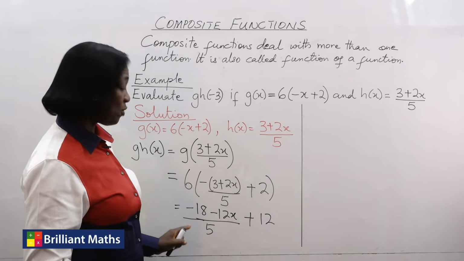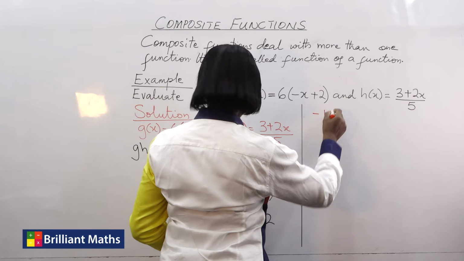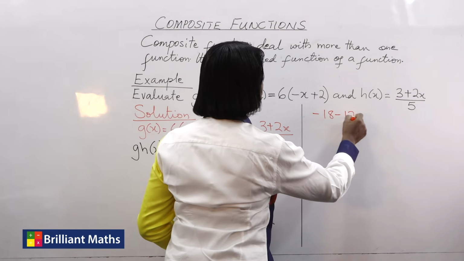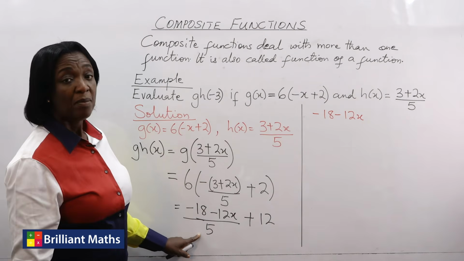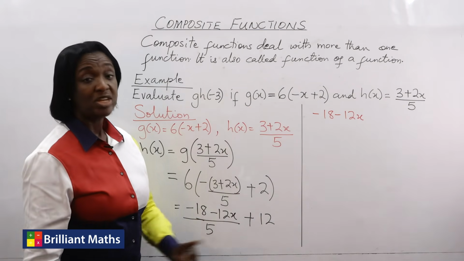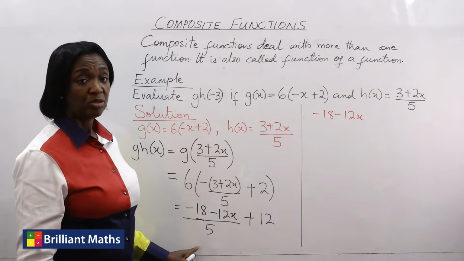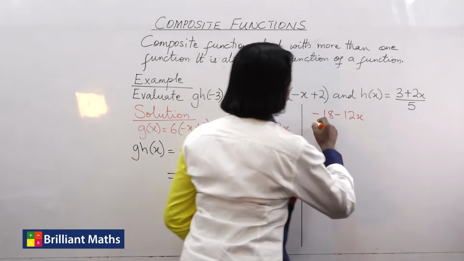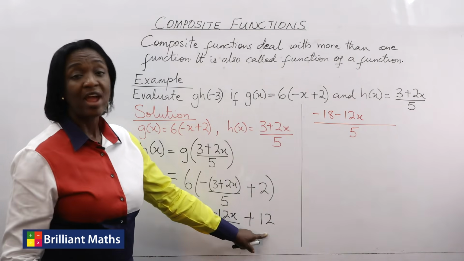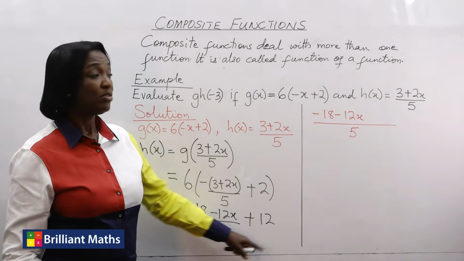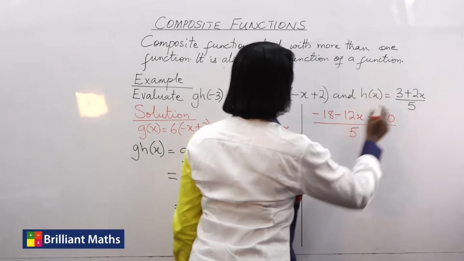From here, we have minus 18 minus 12x over 5. But I'd like to put all of them under one denominator so that the LCM is 5. So what do I do? If I'm putting all of that over 5, then I'll multiply the 12 by 5 to give me 60. So plus 60.